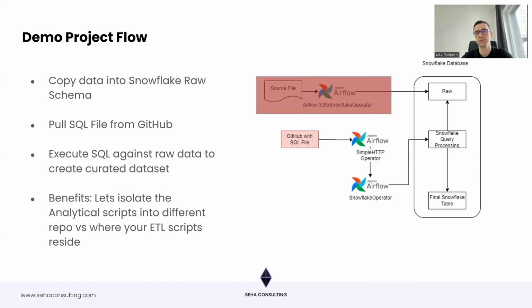We're going to show how to connect and pull that file from GitHub using the SimpleHTTPOperator. We'll talk a little bit about XCOM and how that works, where you can take the results from one operator, the SimpleHTTPOperator, which is going to pull the SQL file.